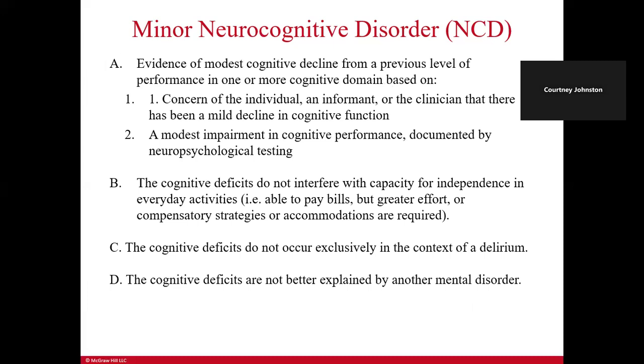And there has been a somewhat modest impairment in cognitive performance, documented by neuropsychological testing. Now, here's the difference between the mild and major neurocognitive disorders, in that the deficits don't interfere with the individual's capacity for independence. So they're still able to pay bills, but it's starting to take more effort, or they might be using compensatory strategies or accommodations.